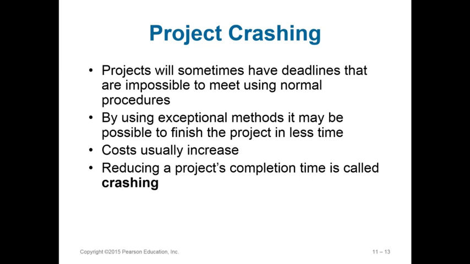But you would project crash when you need to collapse the objective's time period, either because of delays in other activities or because of changes in deadlines by the customer, whoever that would be.